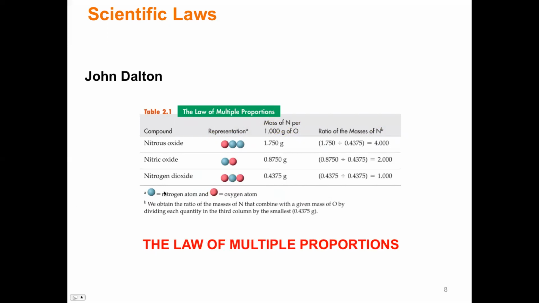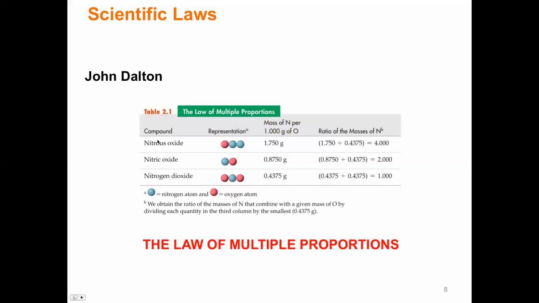Right? The same thing here with nitrous oxide, nitric oxide, and nitrogen dioxide. If you're combining nitrogen and oxygen, and there's a reason that we're all using gases here, we're going to come back to that later, I think in the next chapter. You can have them combined 2 to 1, or 1 to 1, or this other one, 2 to 1 over here in terms of nitrogen, and you're going to get a different compound.